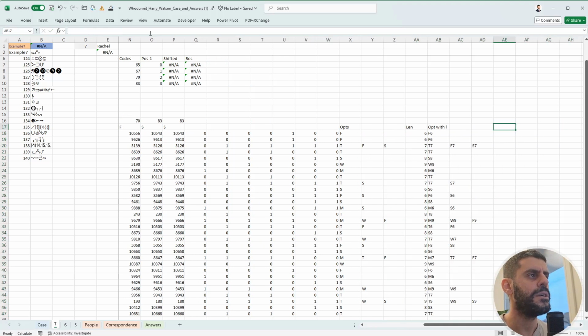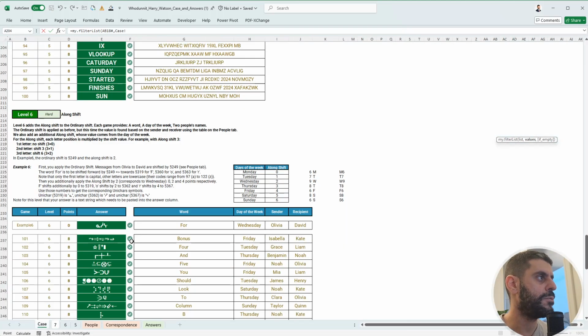Okay. Valid options will be a filter list. Thanks Elliot for the lambda, which I want to filter with those.